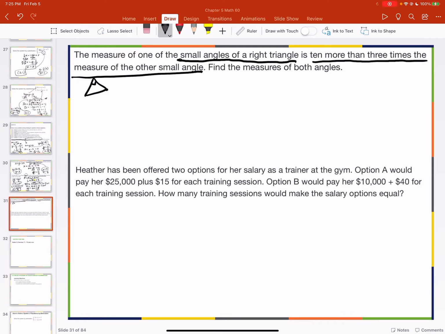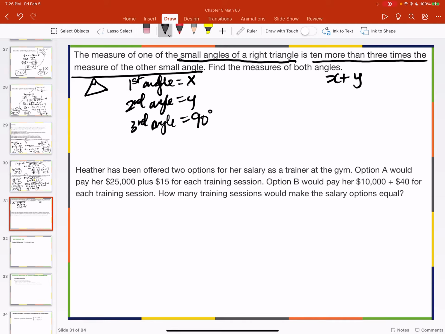So the first angle, the small angle, we can let that be x. The second angle can be y. And then the third angle, because it's a right angle, is just going to be 90 degrees. Okay, and what else are we going to use? We know that the sum of the angles of a triangle is 180 degrees. So that's one thing we can use.